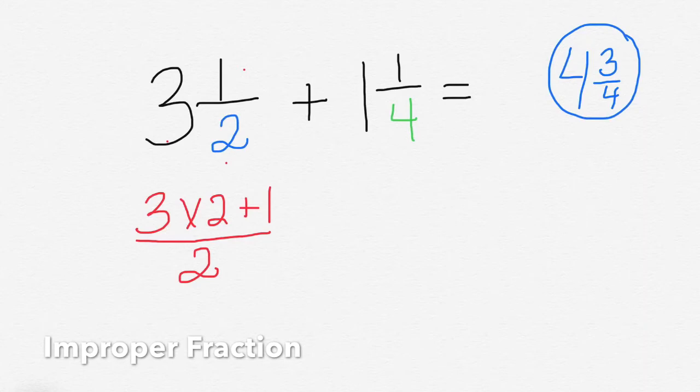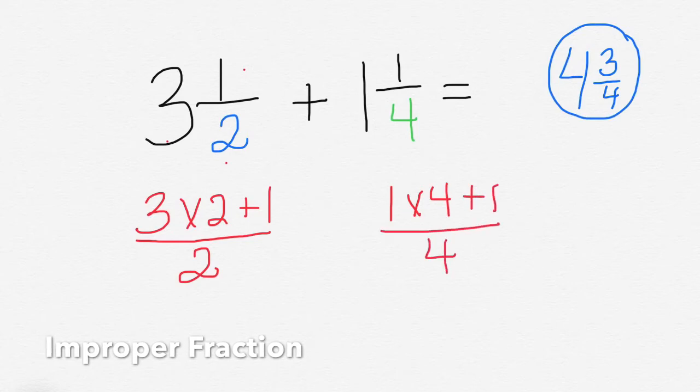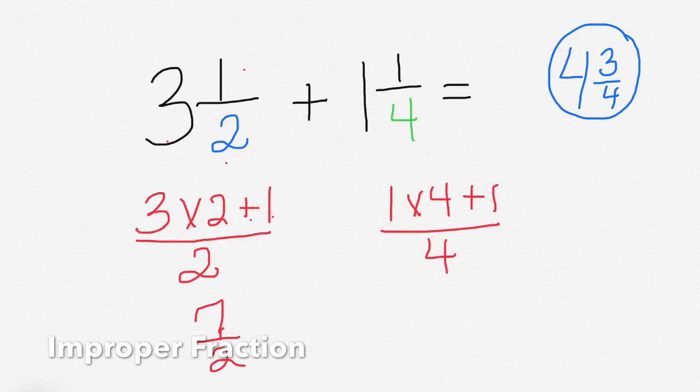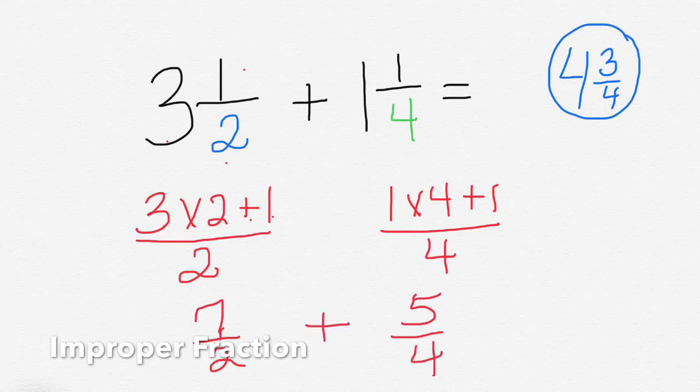Likewise, we'll have 1 times the 4, and then we're going to add the 1, and that would be over the denominator. So here we're going to get 3 times 2 is 6 plus 1. We'll have 7/2. And over here we have 1 times 4 plus 1. We'll have 5/4. So this is the same problem here, but in an improper form.